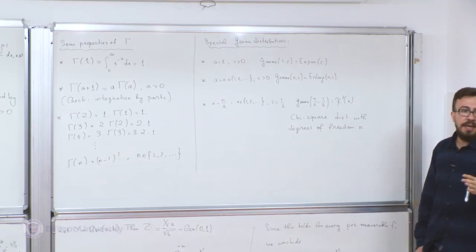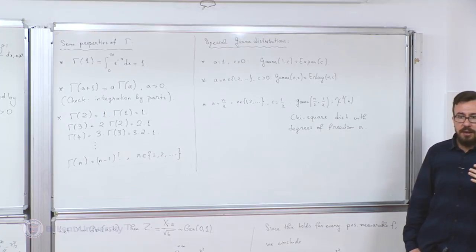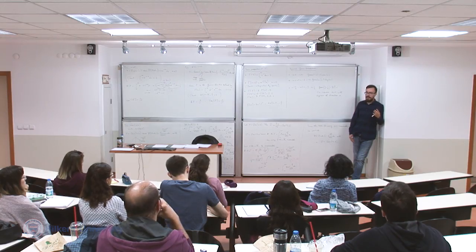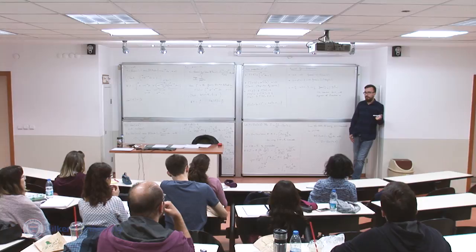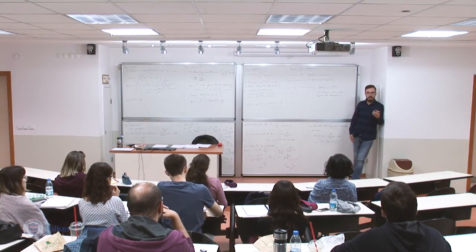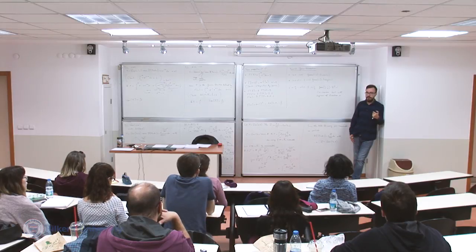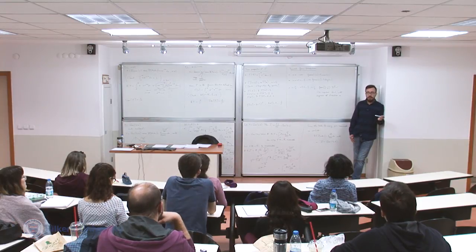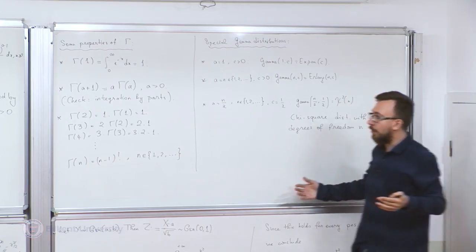So in many courses in statistics, you must have discussed at some point the chi-square distribution. Okay, so if you have taken a course in statistics, for sure there is at some point a discussion on chi-square distribution. And chi-square distribution is about really squares of what? Squares of Gaussians.